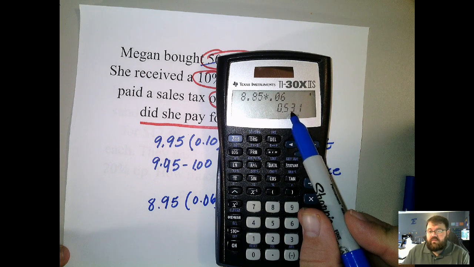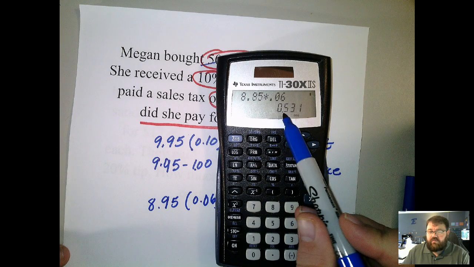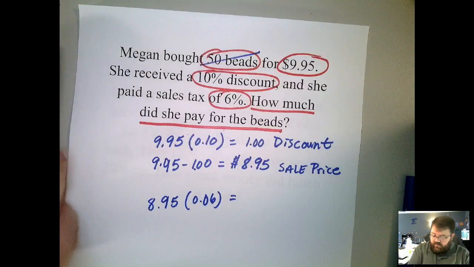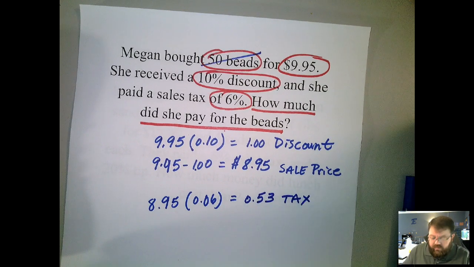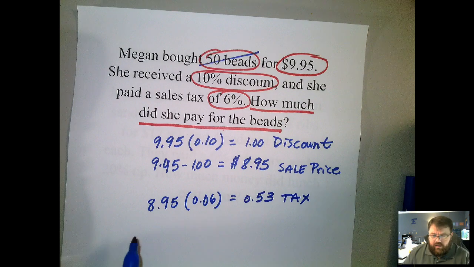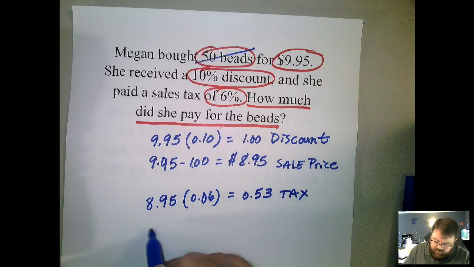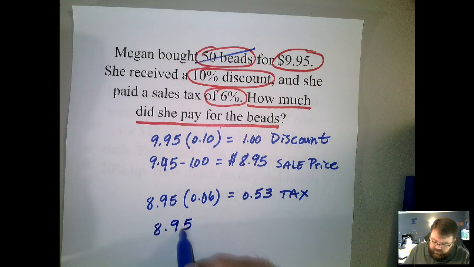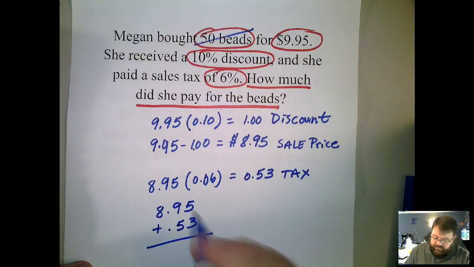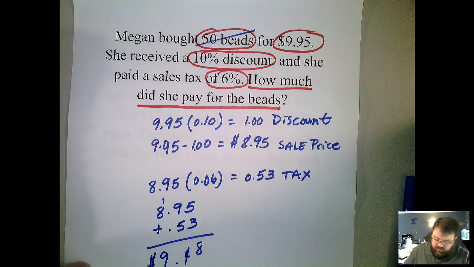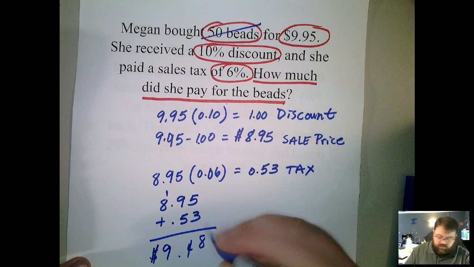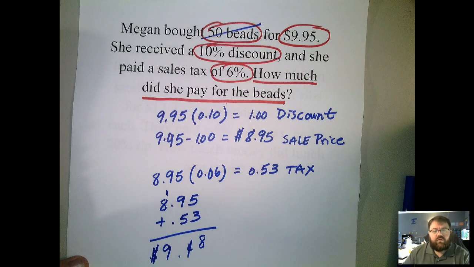No, it's 4 or less, so let it rest. So 0.53, 53 cents. That is your tax. Next thing I'm going to do, take my sales price of $8.95, add my tax, so $9.48 is your final cost, or how much you paid for the beads.